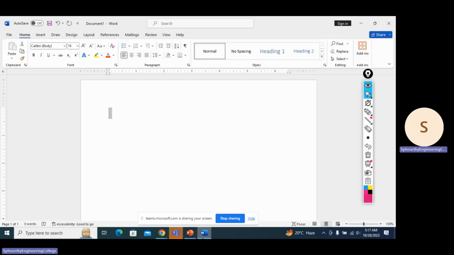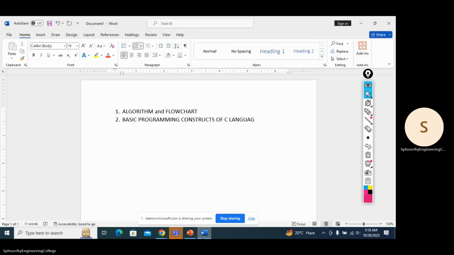Let me list out the important concepts of Unit 1. In Unit 1, we have firstly what is an algorithm and flowchart, then basic programming constructs of C language.